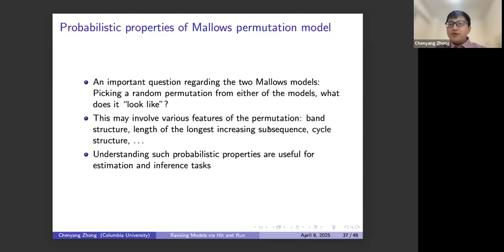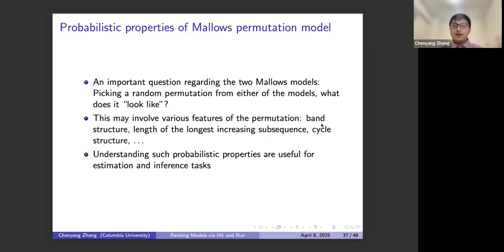And if we want to use certain features of the permutation, for example, in statistical estimation and inference tasks involving the parameters, we have to understand the limiting distribution of those statistics that we pick. And here are a few statistics that people working on permutations typically think of.